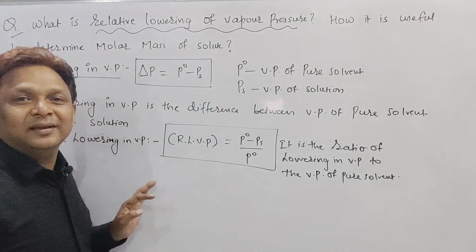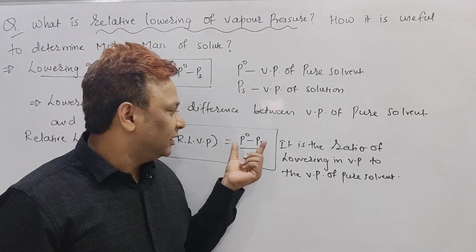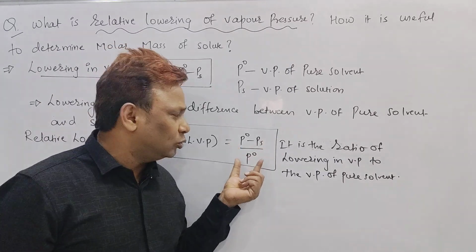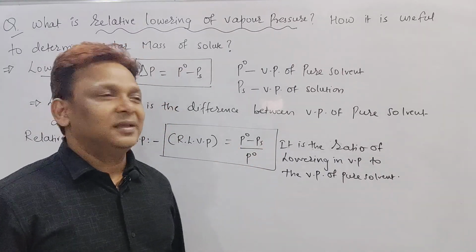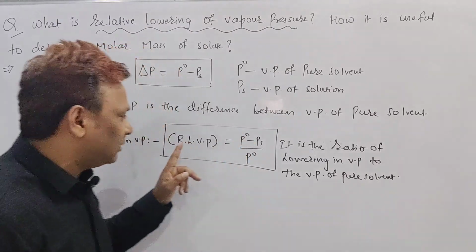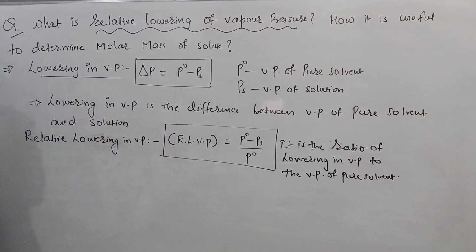Is it clear? It is a ratio of lowering in vapor pressure to the vapor pressure of the solvent, and this ratio is called relative lowering in vapor pressure.